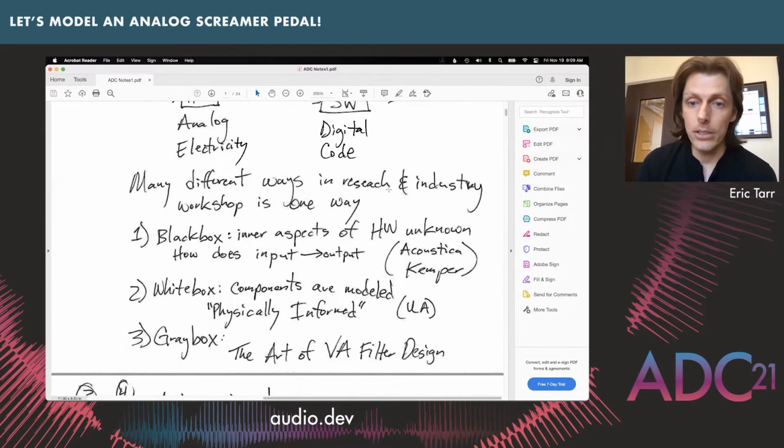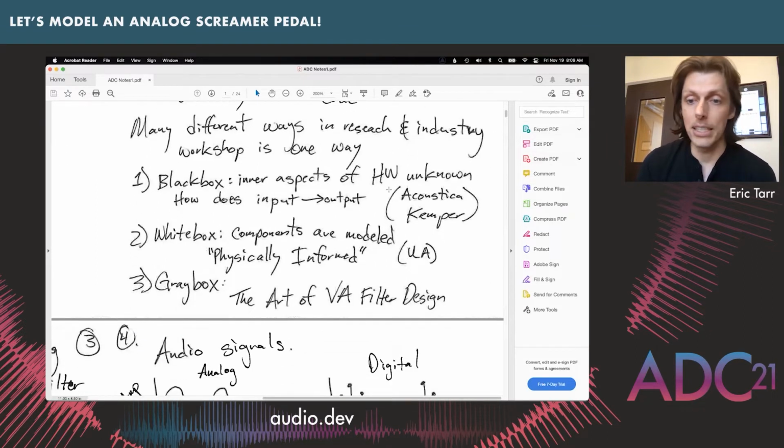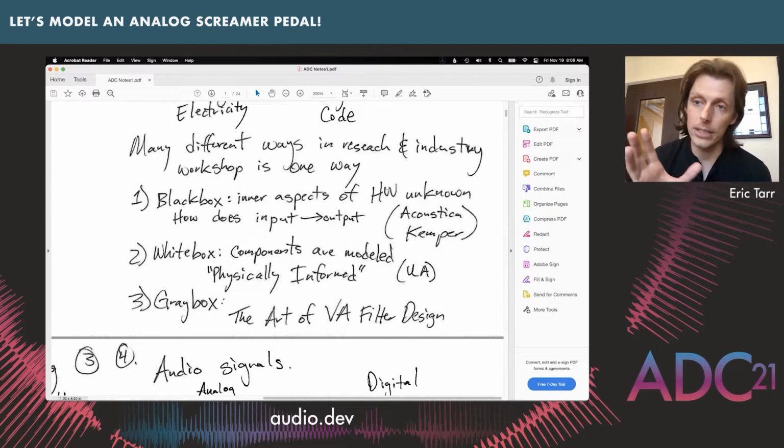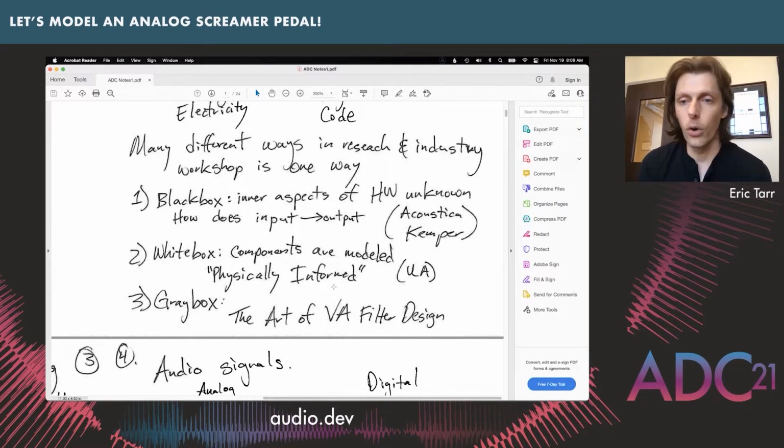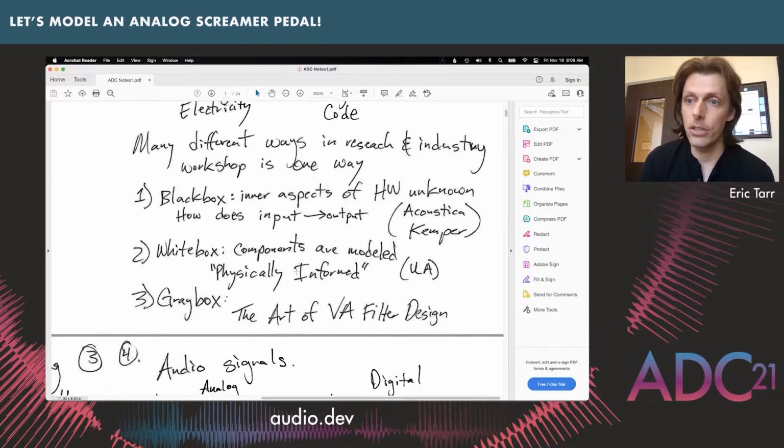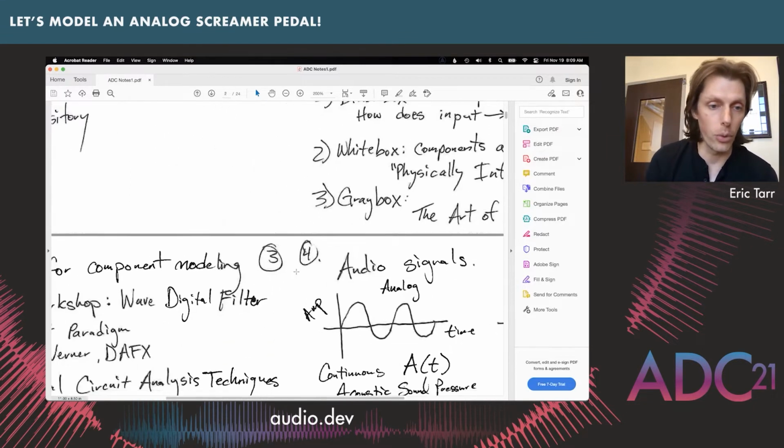There are many different ways to do this, but we're going to focus on component type modeling. So we're not going to focus on black box modeling. Our goal is to do a physically informed analysis of this and see if we can take these different components that are part of a schematic and turn them into digital code.